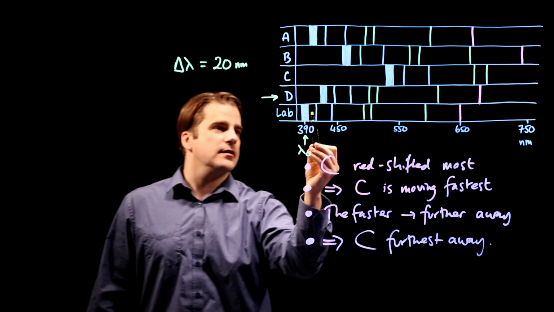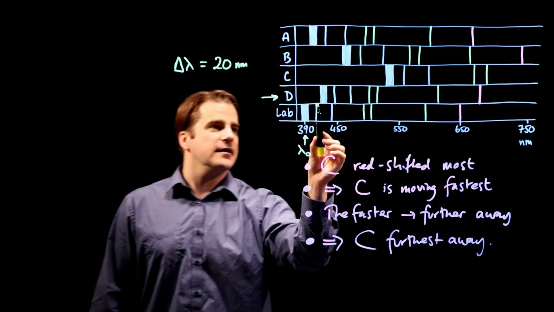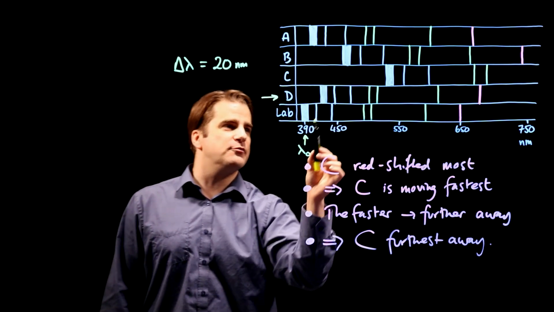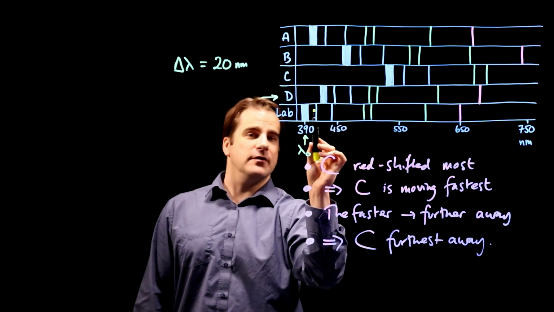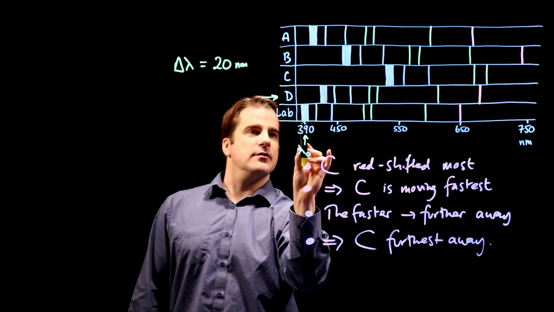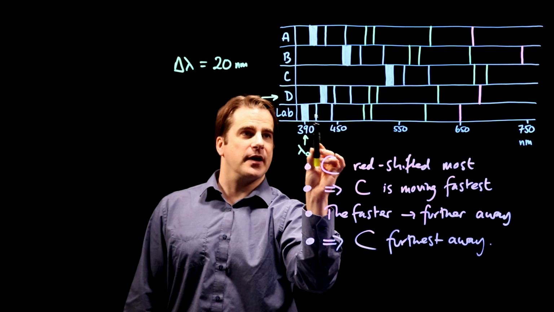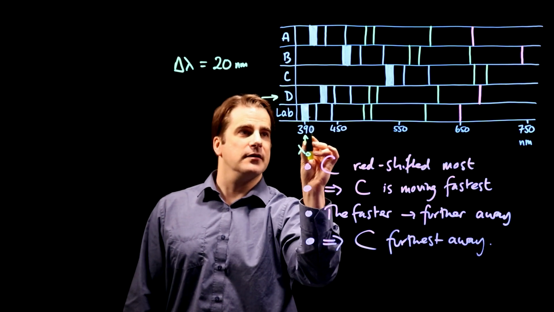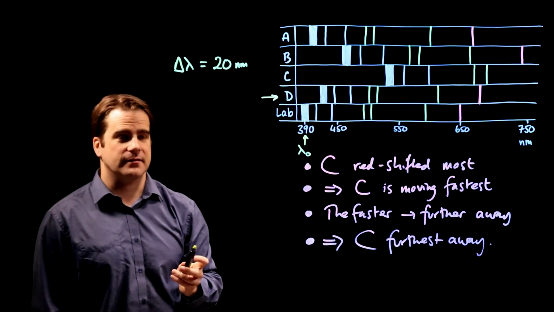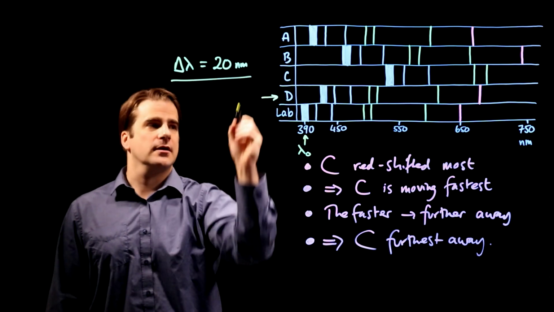Okay? Again, just to reiterate, I didn't draw this brilliantly accurately, but on your question sheet, that point there is about 410. Okay, so the change, delta lambda, is about 20 nanometers. Okay, good.